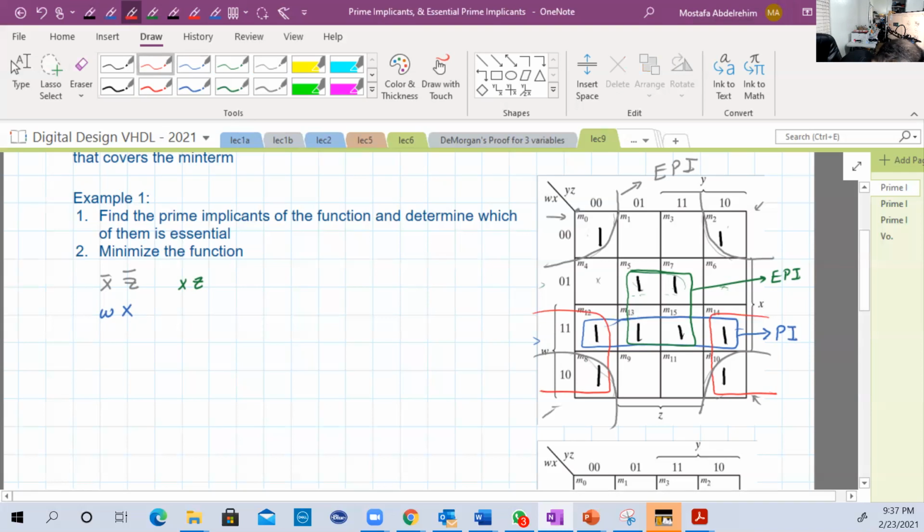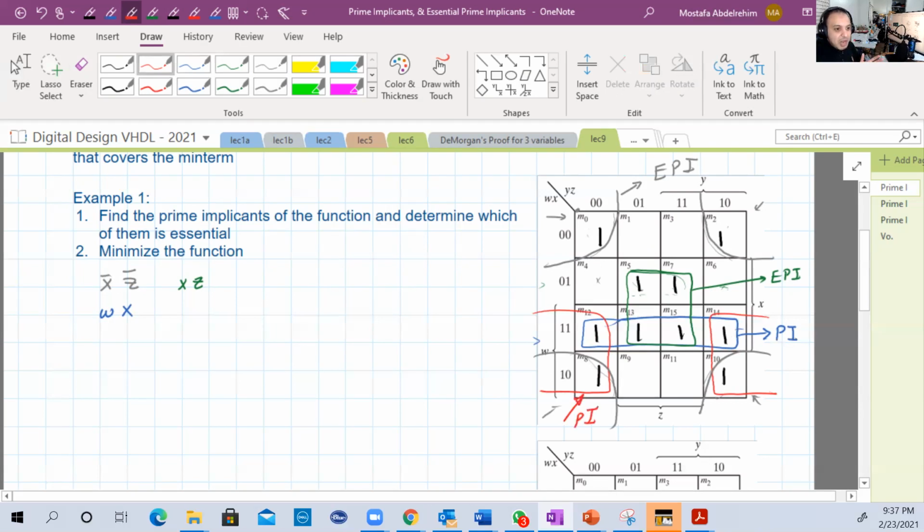Now the red one. All the ones in the red prime implicant are contained in other groups. The two ones on the left are contained in the gray and the blue. The two ones on the right are again contained in the gray and the blue. So it is just a prime implicant, not essential.